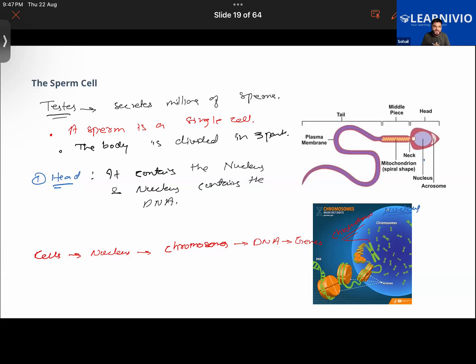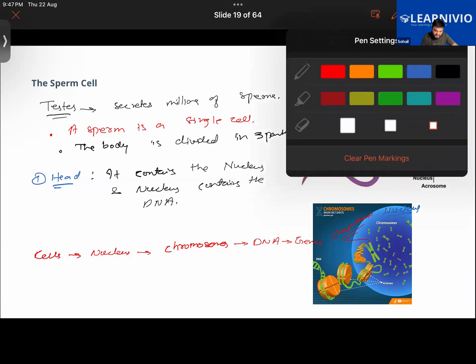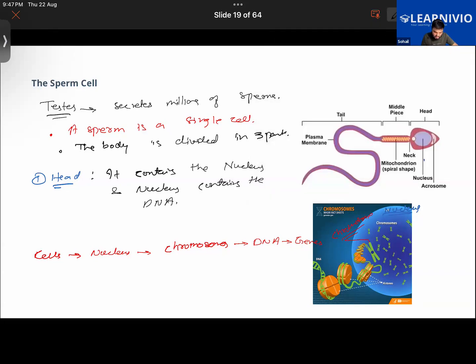Chromosomes are thread-like structures, or long strands of DNA. DNA will further contain genes. All of these things together we call genetic materials. I suppose that much should be clear to everyone.